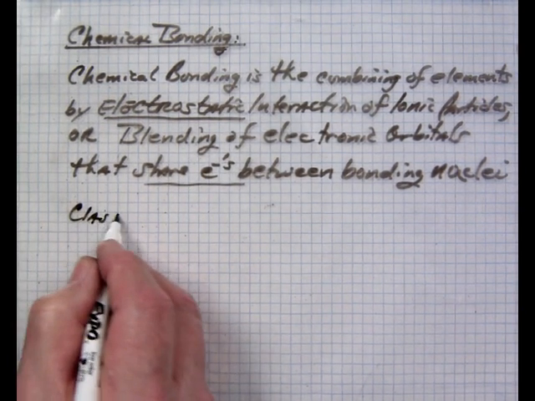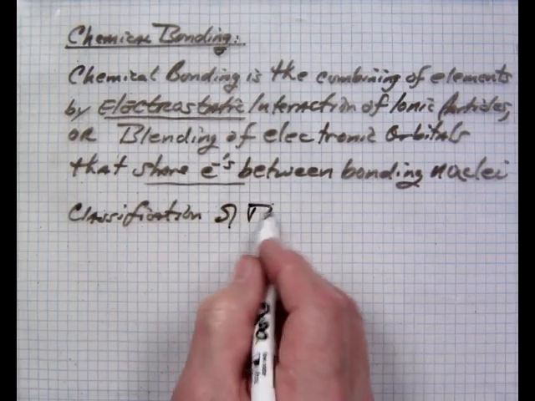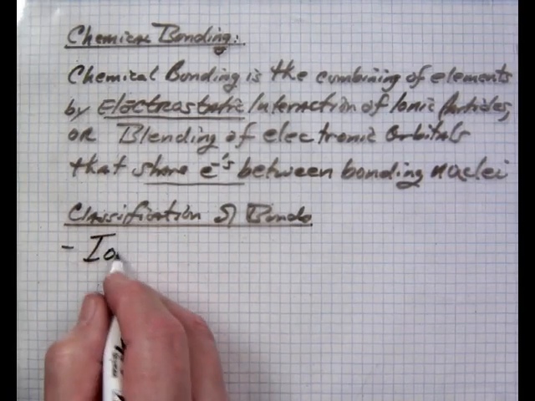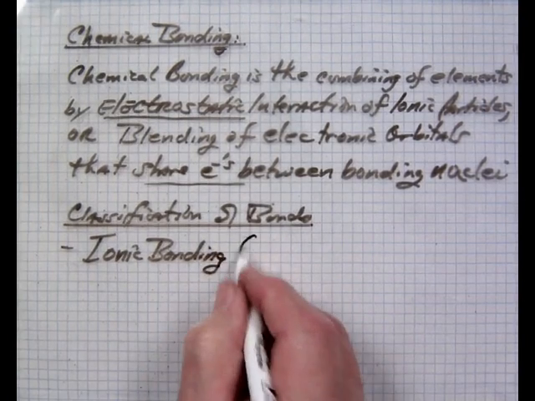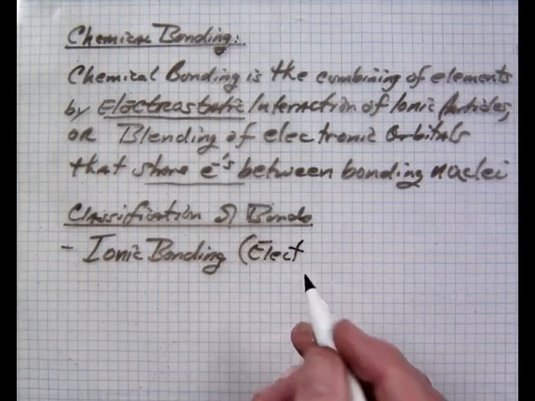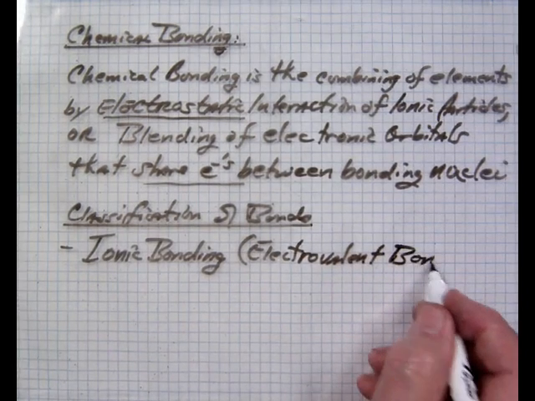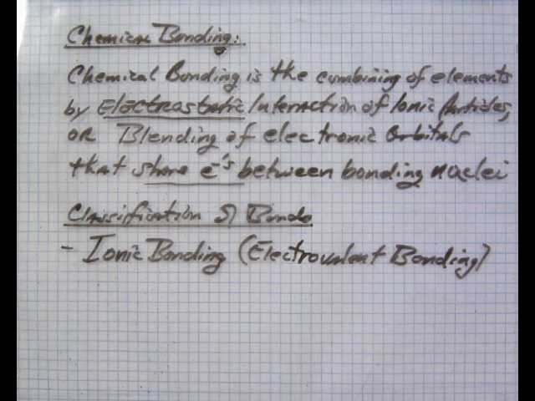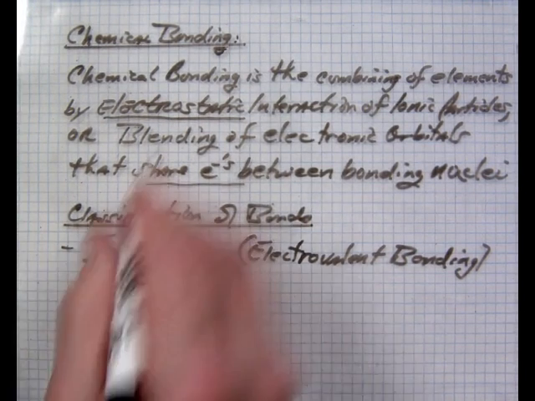Classification of bonds include, of course, ionic bonding, which some textbooks will call electrovalent bonding, and is an electrostatic interaction of charged particles again. I'm going to note it.